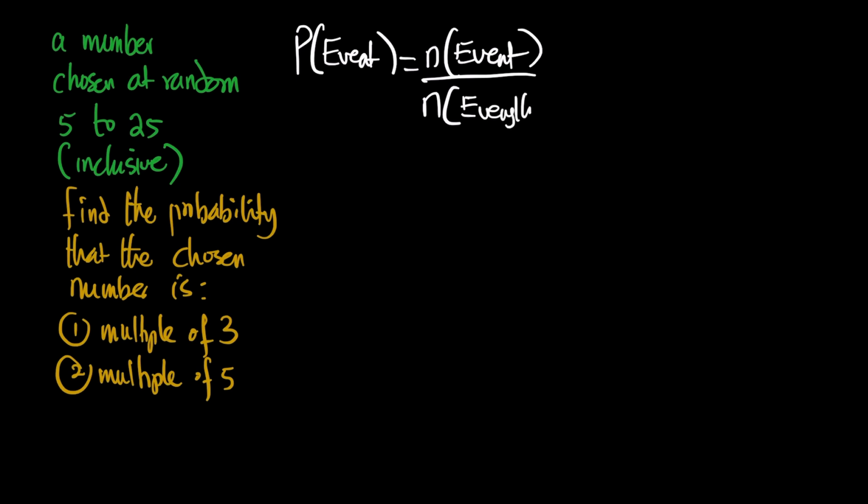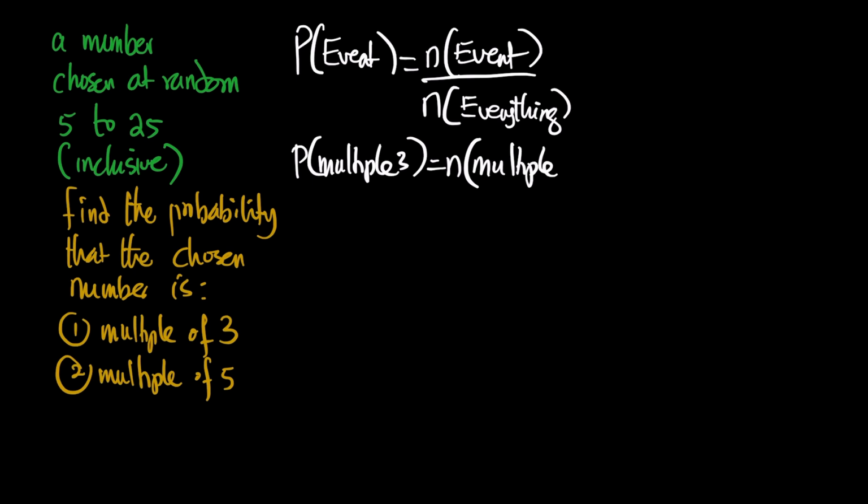That number of everything is what we call the sample space. Now, the event we are looking for is that the number is a multiple of 3, which means we need the number of multiples of 3 divided by the number of everything.